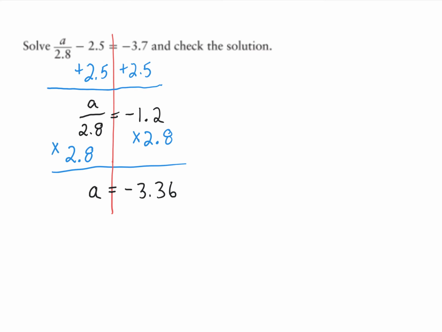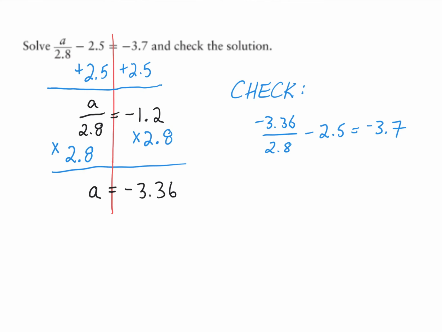So let's do a little check here. Check. So I'm going to go negative 3.36 divided by 2.8 minus 2.5 equals negative 3.7. So first thing I'm going to do is divide negative 3.36 by 2.8.